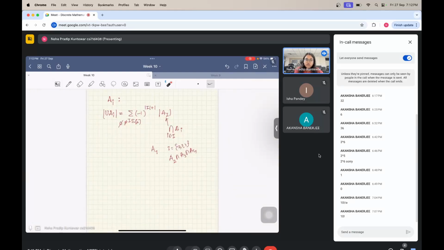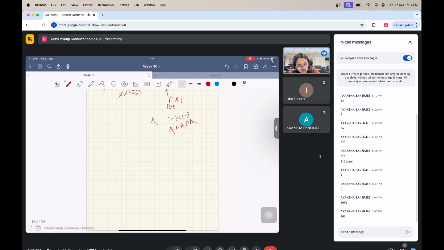So in this case also, it does not matter what subset of people I'm choosing. As long as I'm choosing a subset of people that is of size R, my answer is going to remain the same. So I don't have to go on calculating AI for every subset.